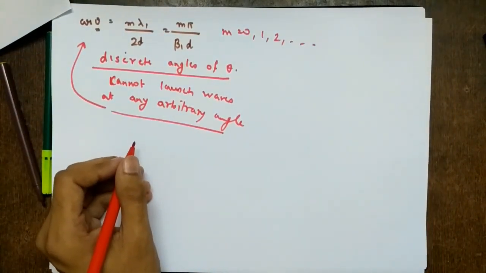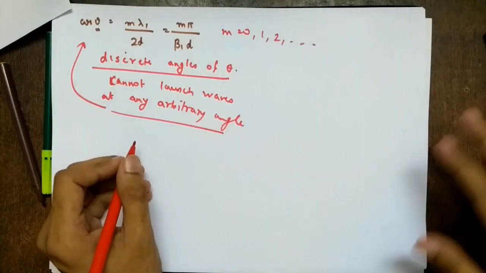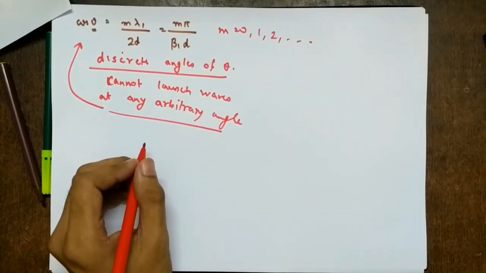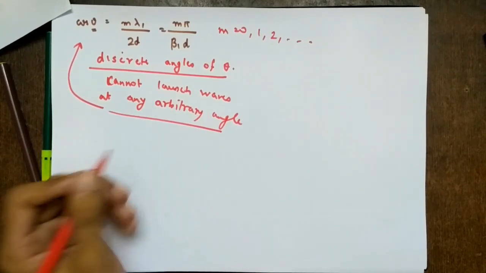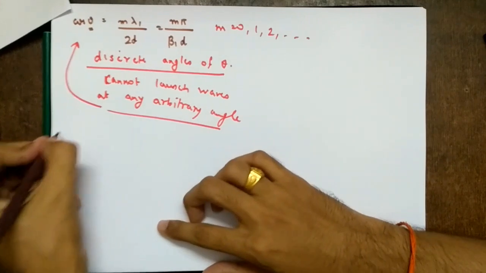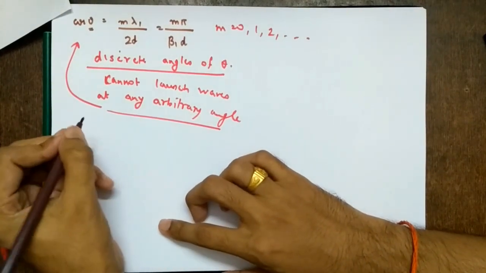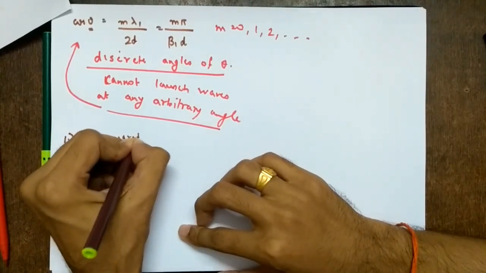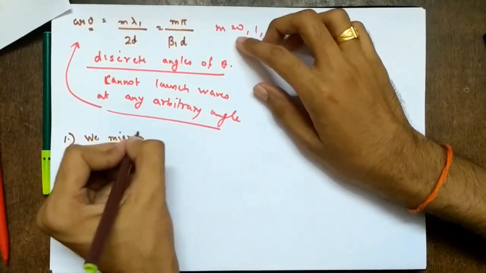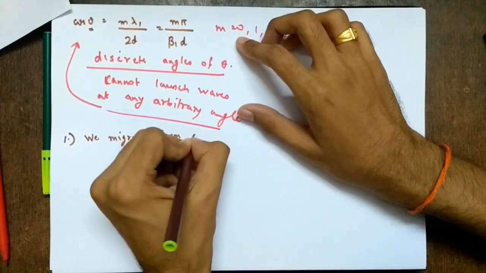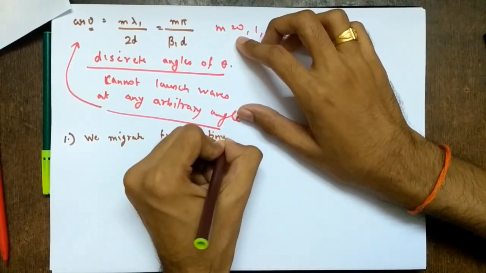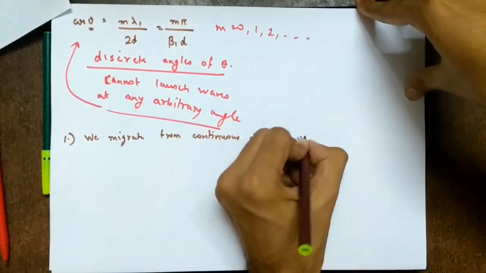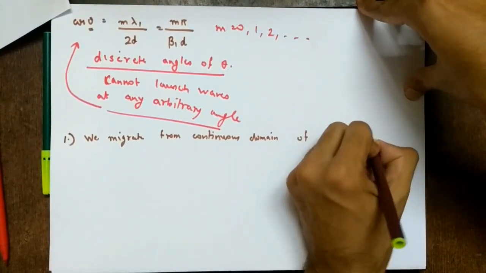Right? So next, what we understand from this equation. There are 4 points we get. The first point is we migrate from the continuous domain of theta to which domain?